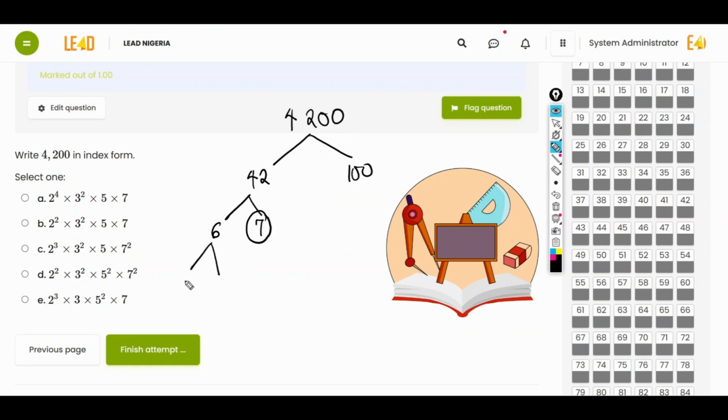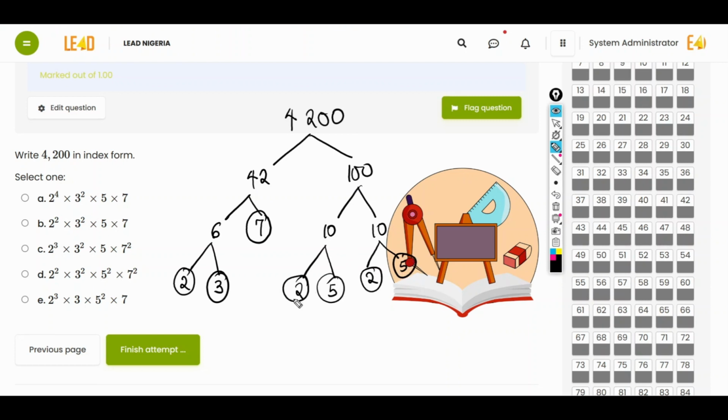But 6 has to be split into 2 times 3. 2 and 3 are prime numbers, so I can circle those also. I can split 100 into 10 times 10. Split 10 into 2 times 5, and then the other 10 also into 2 times 5. So that gives me all the prime numbers that I need. Everything has been broken down into prime numbers.